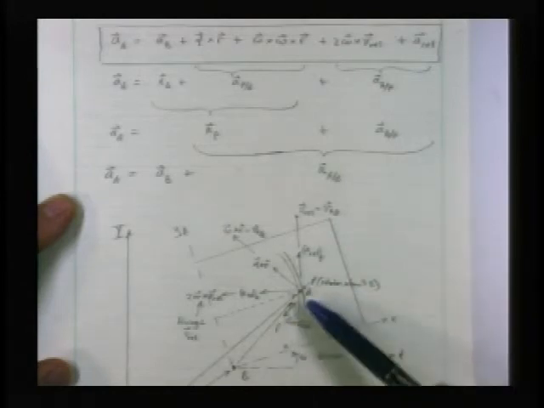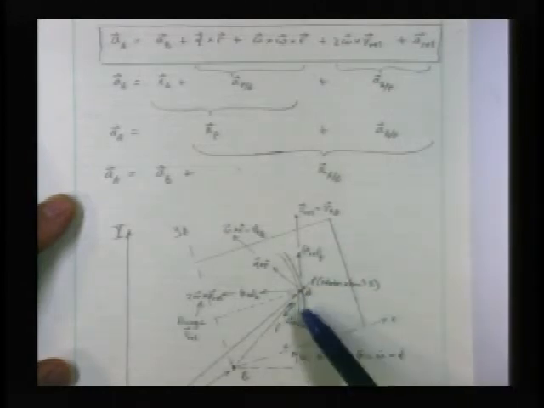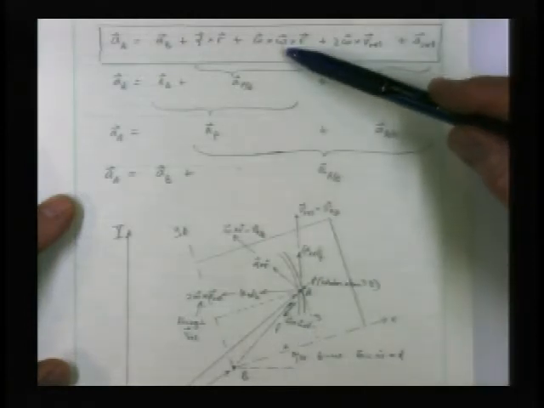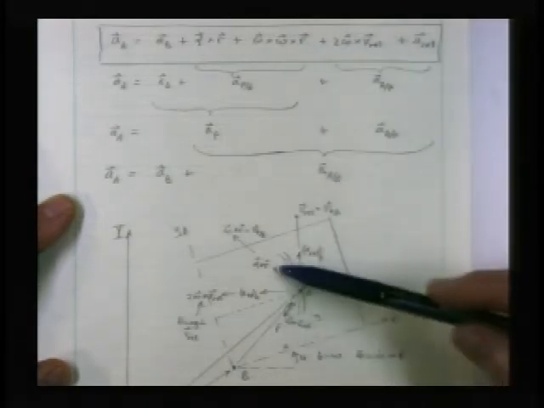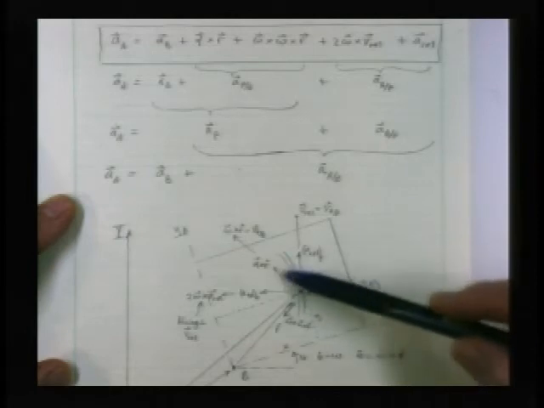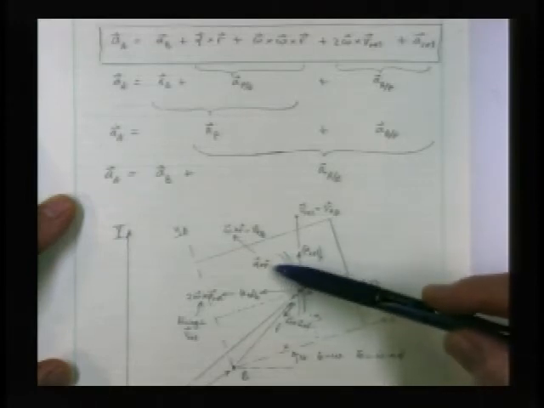So pointing from A, and P, remember, is locked in on the plate. Pointing from P and A back towards B is this omega cross r term that you see up here. Perpendicular to that normal is this alpha cross r term, which was shown up above here.